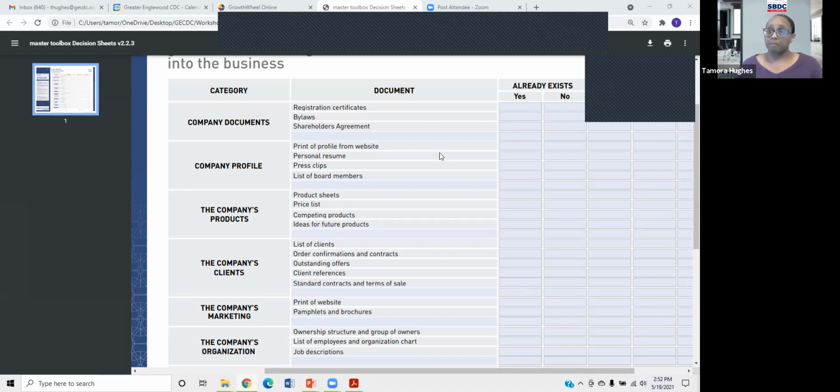Your personal resume, that would be the owner operator, the executive director, the CEO, whoever it is that you have those resumes. If you've been in the news, you have press kit clips about your organization or company, then you would keep a copy of that, put that in your binder, and then a list of your board of directors or your members.